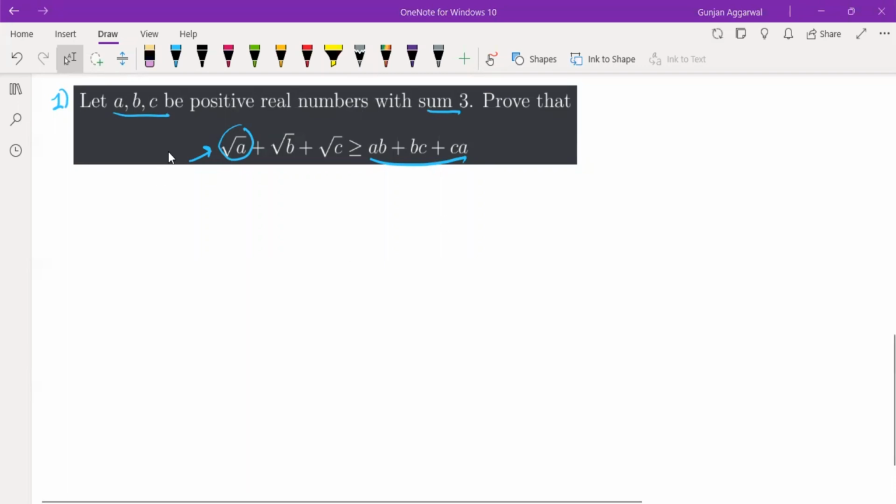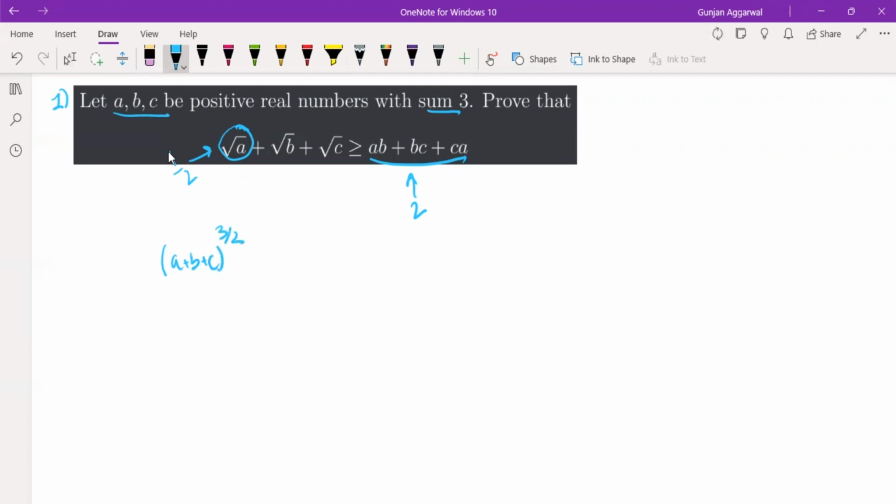So the degree here is half, and the degree here is 2. By homogenizing, we mean making the entire expression of the same degree. So on the left hand side, maybe we can multiply by a plus b plus c to the power 3 by 2.